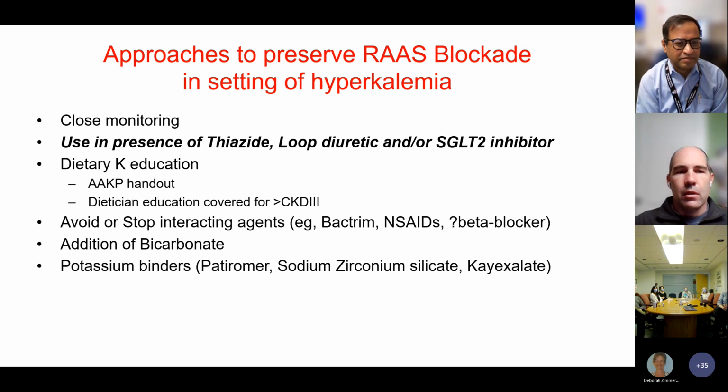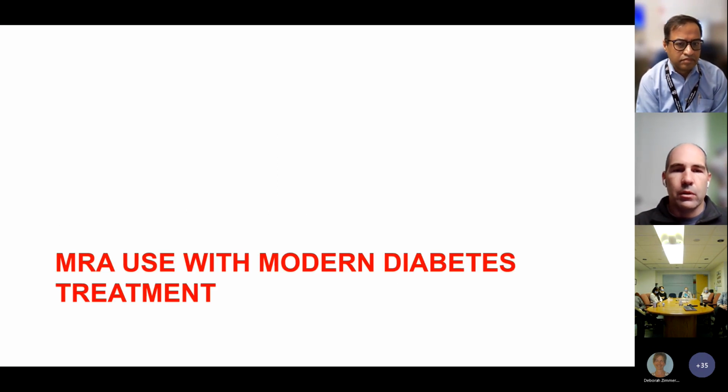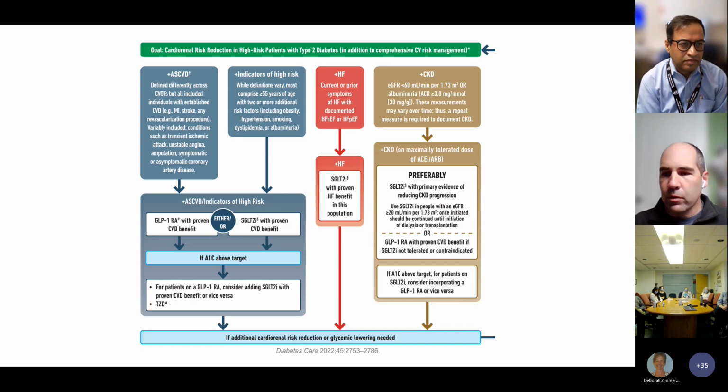Stop these drugs. Addition of bicarbonate. I've tried to lower potassium that way with kind of mixed success. But the potassium binders definitely, if you really are in a situation, those potassium binders really do work and make a difference. All right, and the last few slides, I'm going to start zipping a little bit.